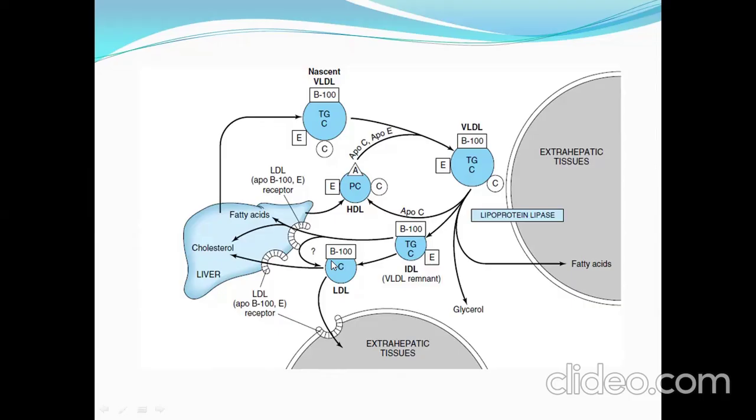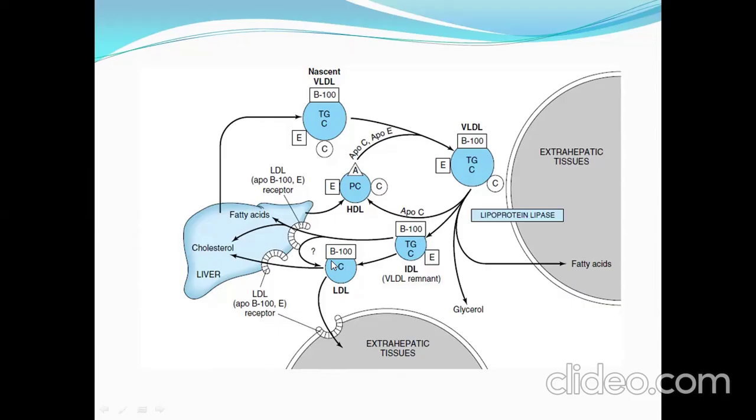So if there is an elevated level of IDL, that means an increased risk of development of atherosclerosis. That is the condition where plaque is going to form in the artery, and that leads to heart disease.